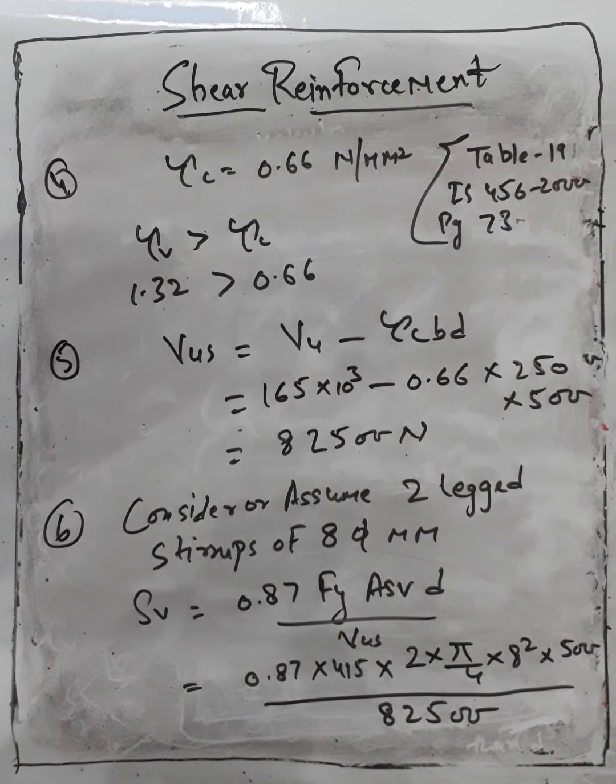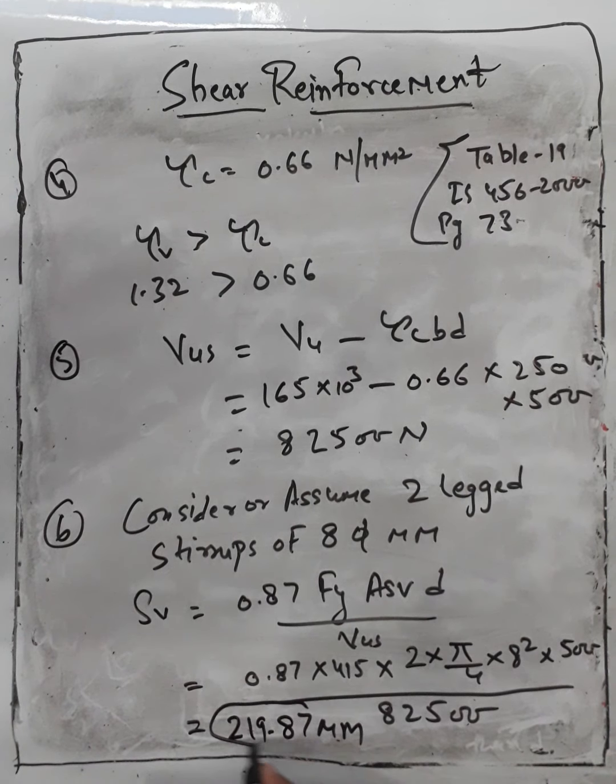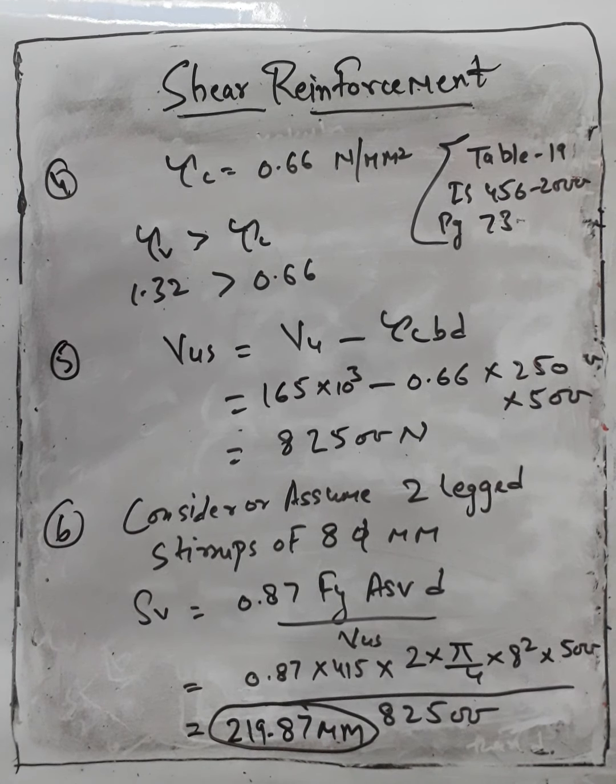Here we get 219.87 mm. This is the vertical spacing we have to provide.